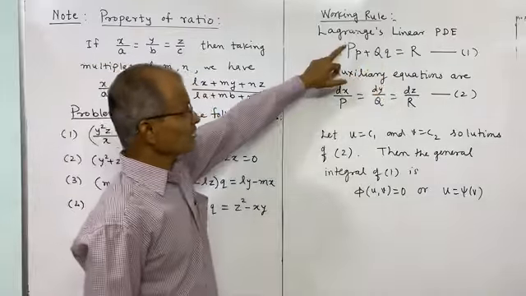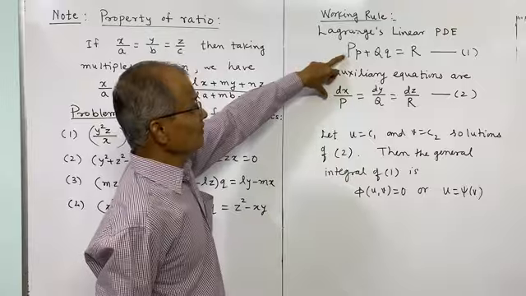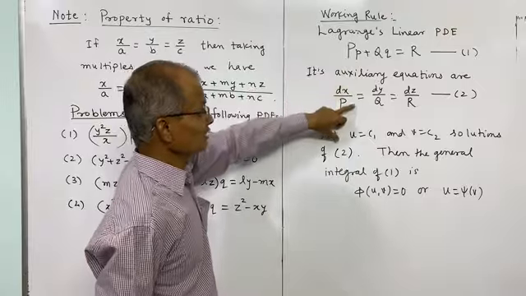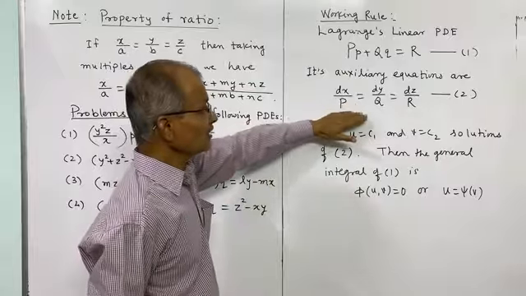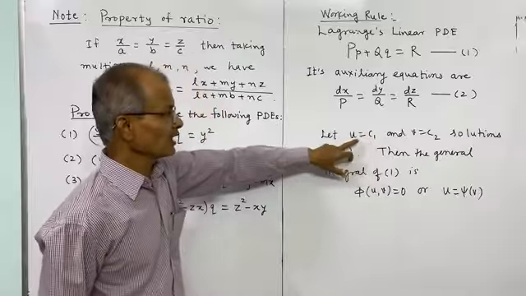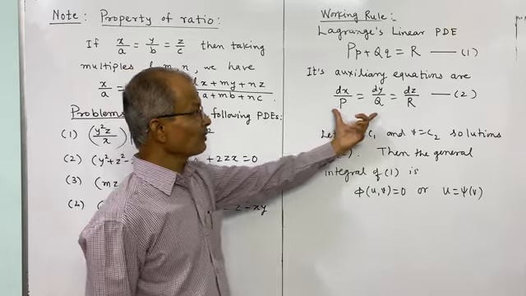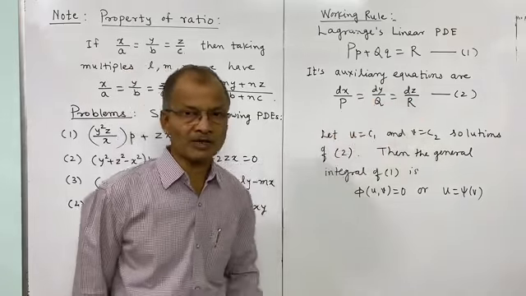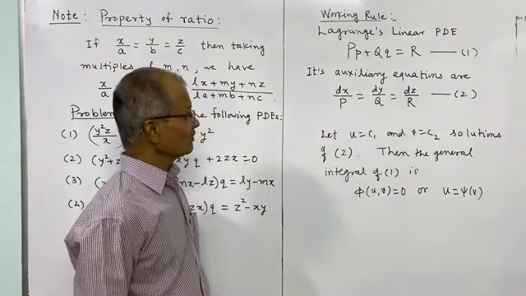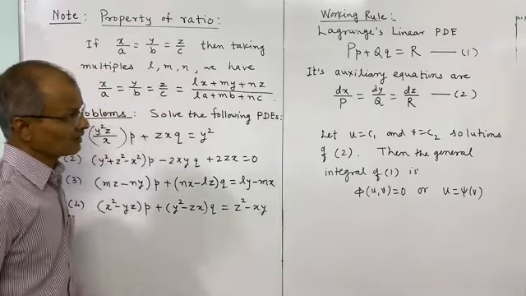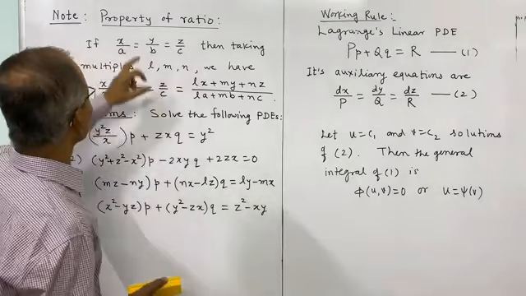So from the original linear PDE, we have to write its auxiliary equation, and then this is to be solved to get u is equal to c1 and v is equal to c2 by the grouping method or by the method of multipliers. The method of multipliers is based on the property of ratio, which I have written here.